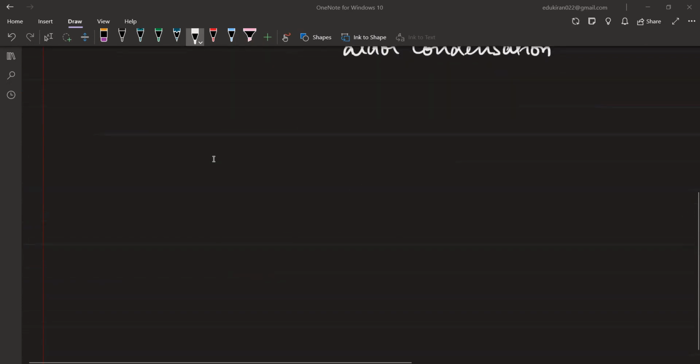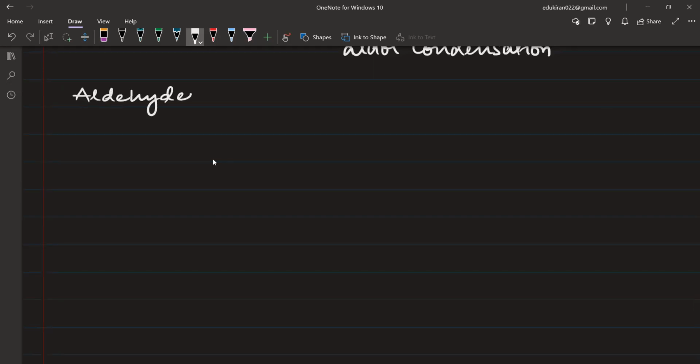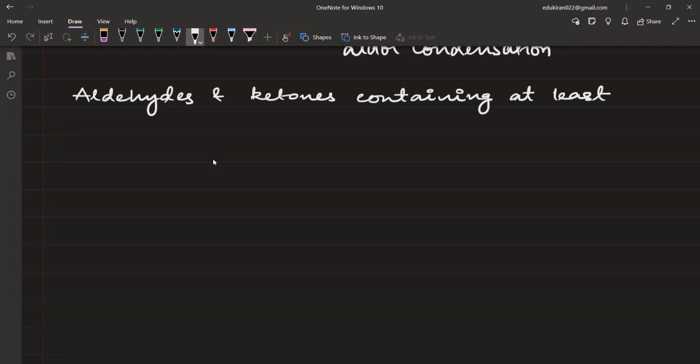Aldehyde and ketones containing at least one alpha hydrogen. At least one alpha.